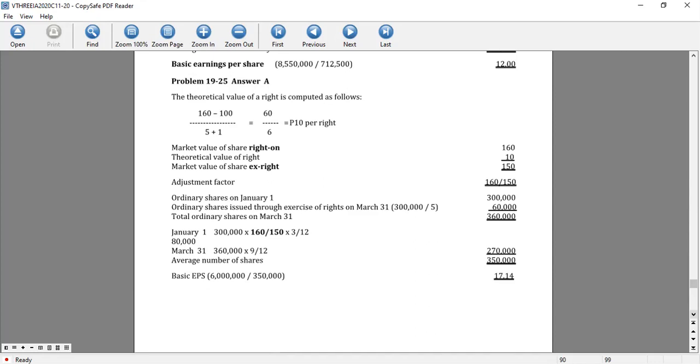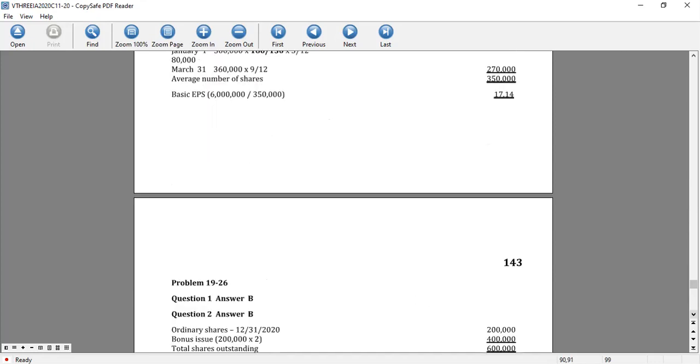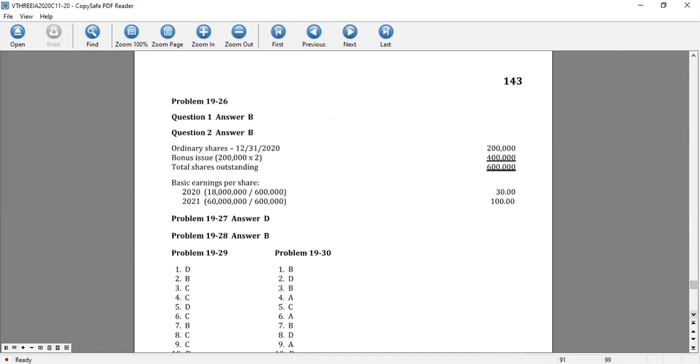So we add 80,000 to 270,000. The average number of shares is 350,000. The basic EPS of 17.14. Then problem 19-26, again for requirements 1 and 2.